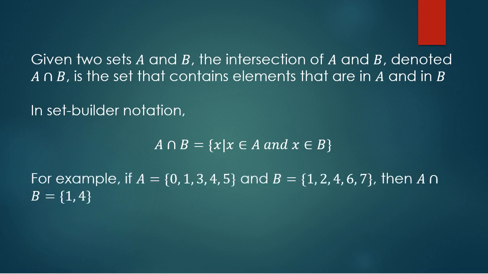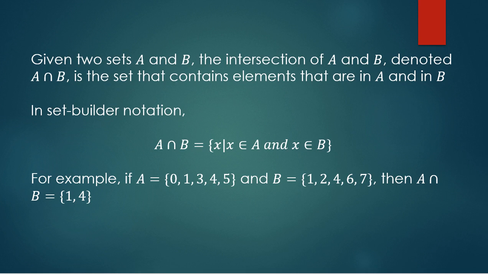For example, going with the same two sets of A and B, what is the intersection? All right, 0 lies in A, but it's not in B, so not in the intersection. 1 lies in A and it lies in B, so 1 is going to be an element of the intersection of those two things. 3 is in A, not in B. 4 is in A and it is in B, and that's going to be the other element in my intersection.